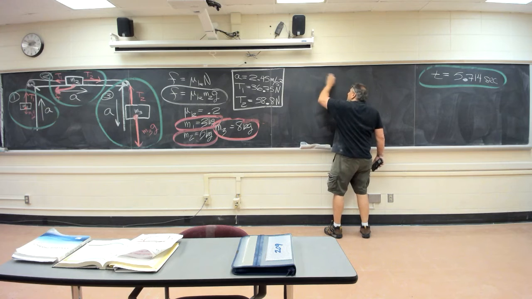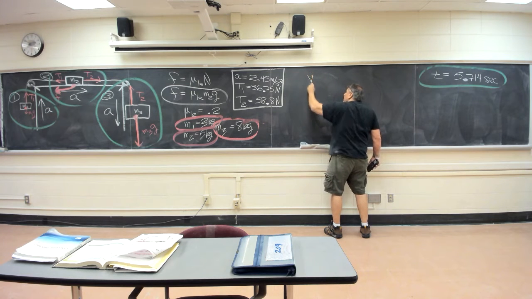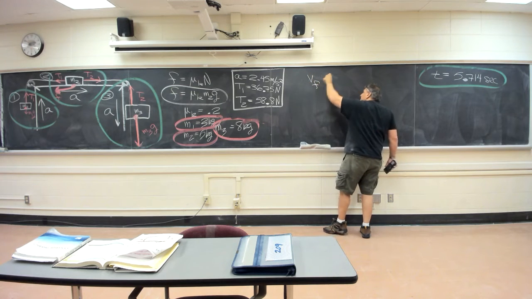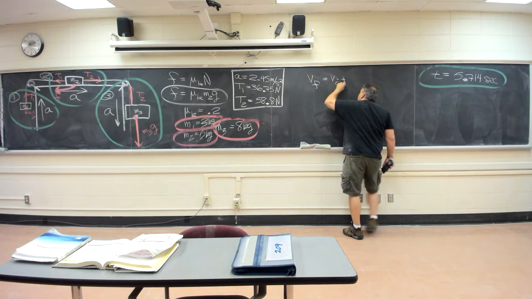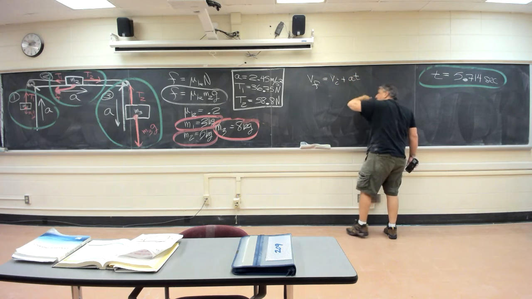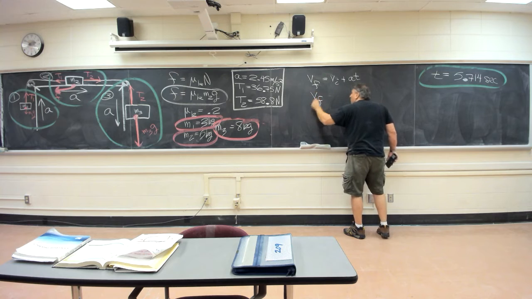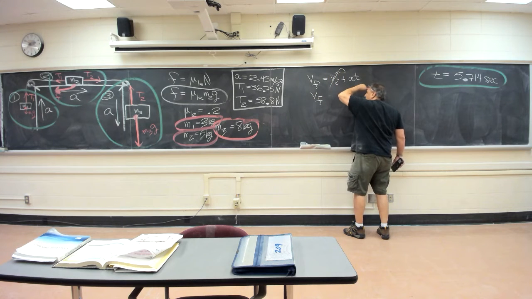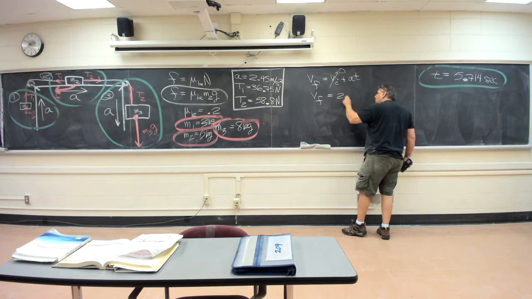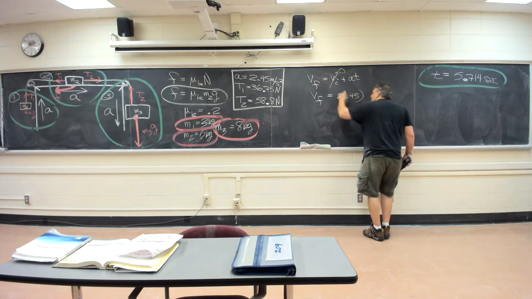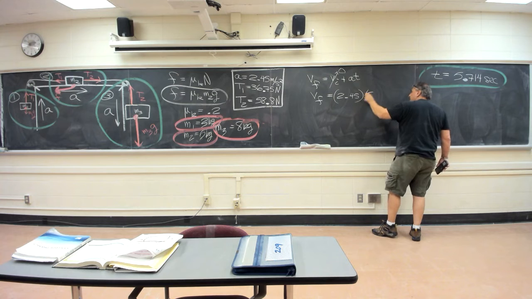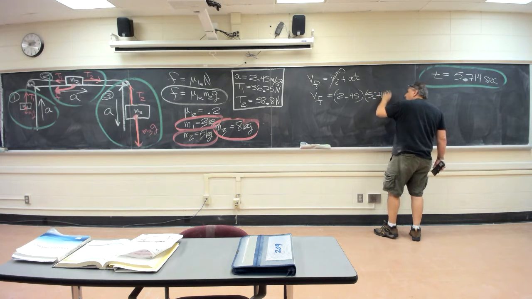The final speed after that many seconds equals V_i plus a t. Well, we said V_i, I was holding it before this whole thing kicked off, and we got 2.45 meters per second squared times 5.714 seconds.